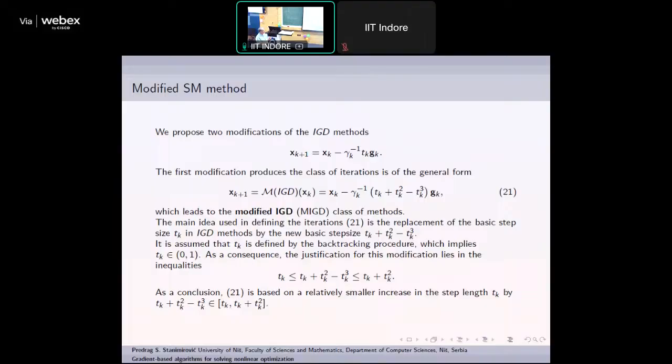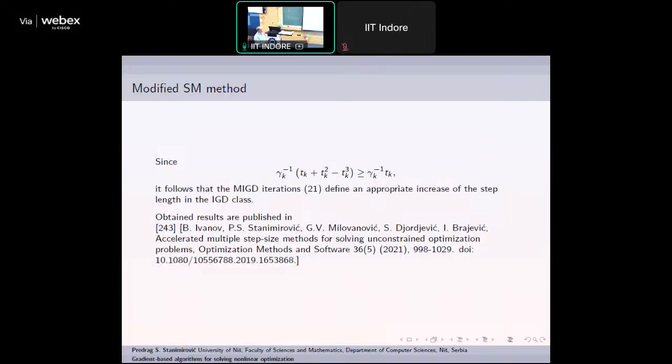But this increase will not be so large. The intention was to obtain a step size and direction slightly longer than only one step size. This result has been published in Optimization Methods and Software.